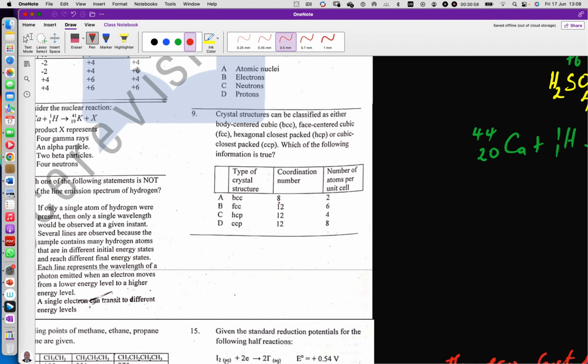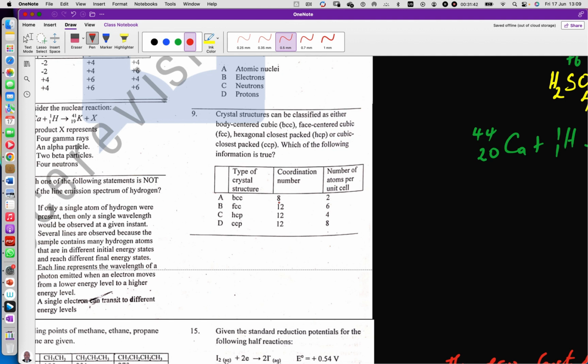We will have one atom, and if we multiply again 1/8 of the other body-centered cubic, we will have another atom, and the number of atoms per unit cell would definitely be 2. There are usually 8 as the coordination number in a body-centered cubic.